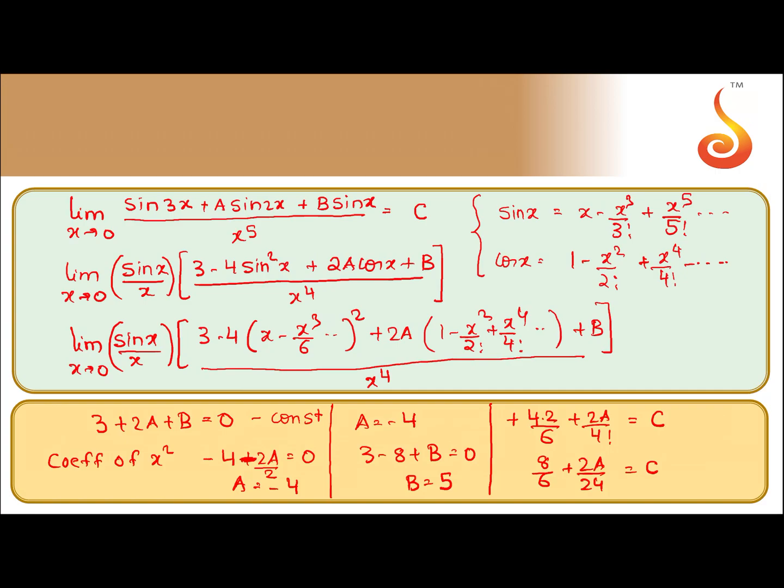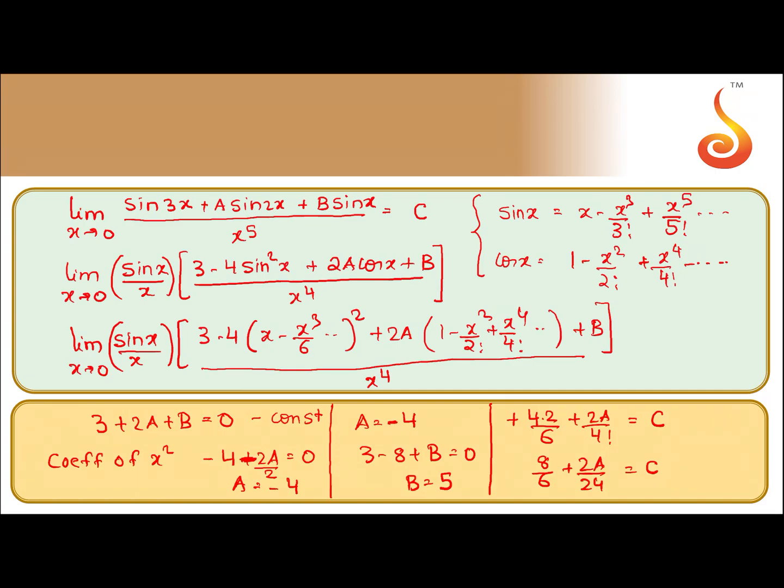I'll explain once again. Sin 3x we write as 3 sin x minus 4 sin cube x. Sin 2x we write as 2 sin x cos x, and b sin x. Sin x we take common, put the expansion of sin x, put the expansion of cos x, compare the coefficient of constant, which must be 0, compare the coefficient of x square, where you get minus 4 minus a equal to 0, a equal to minus 4.